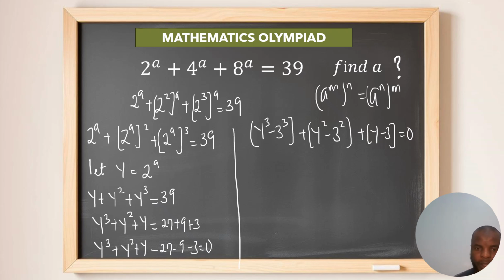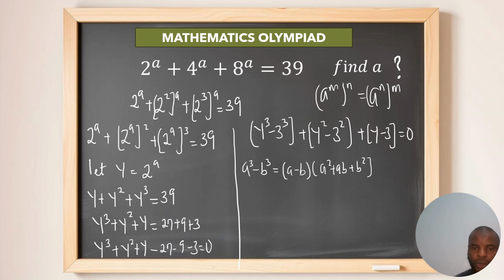Now, solving this further, I want you to recall from algebra that a cubed minus b cubed is (a minus b) times (a squared plus ab plus b squared).